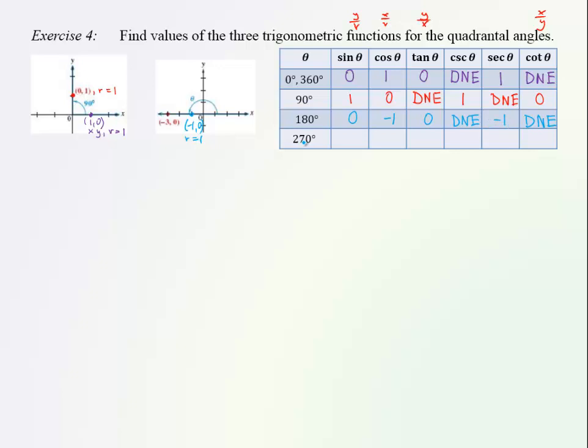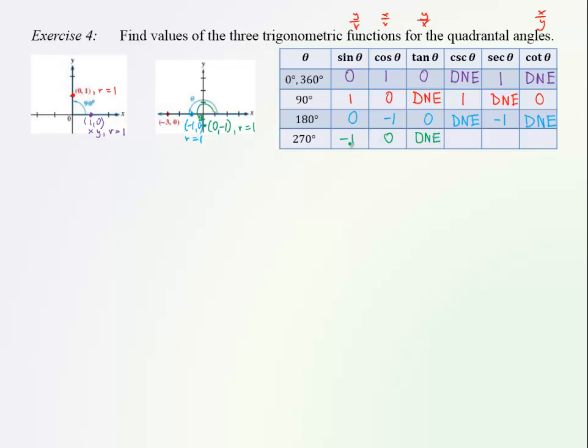Finally, 270. So I will pick a point 0, negative 1 on the terminal of 270 degrees. And r is 1 as well. So again, sine is y over r, so it's negative 1. Cosine is x over r, so it's 0. Tangent is y over 0, oh, it doesn't exist.